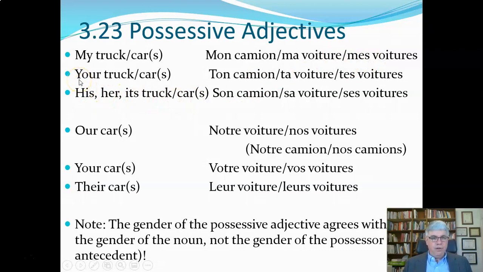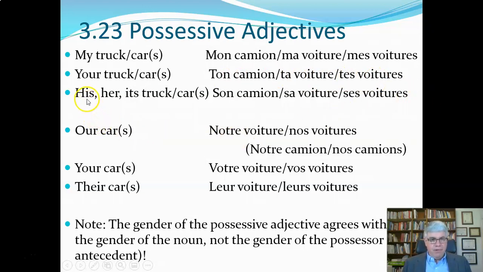Now, for your truck or your car, it would be ton camion and ta voiture. Ton and ta, like it was mon and ma. And you can kind of see the m goes with me. Ton and ta go with tu, the tu form. And so it's ton, ta, and tes for the plural.